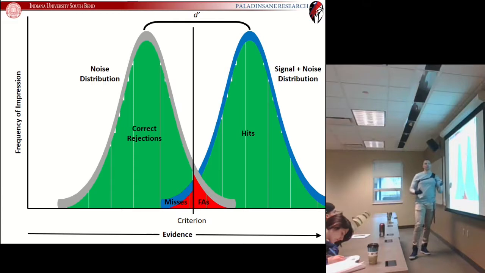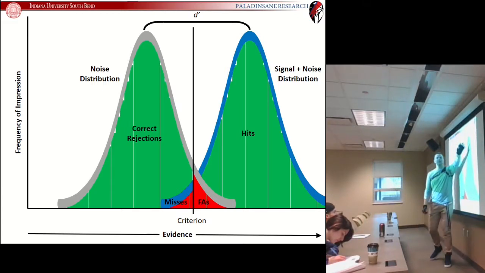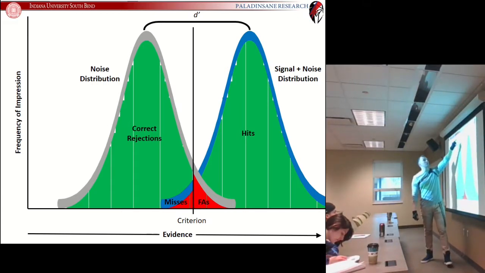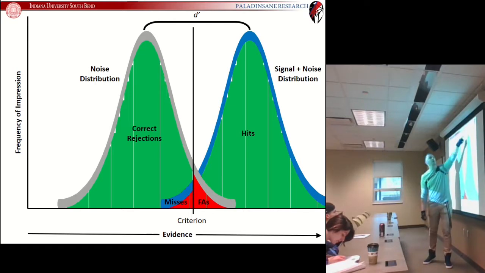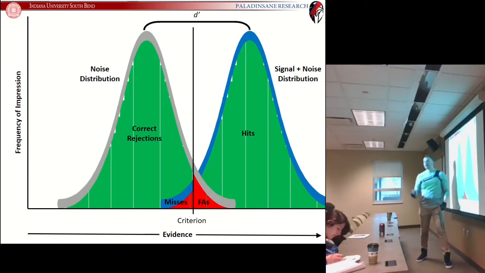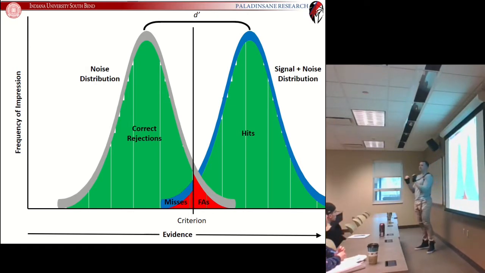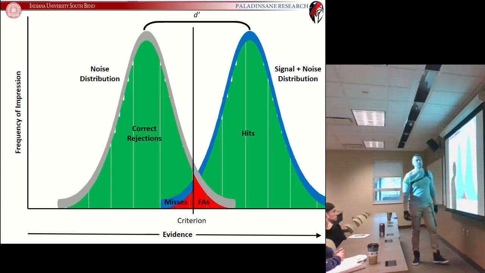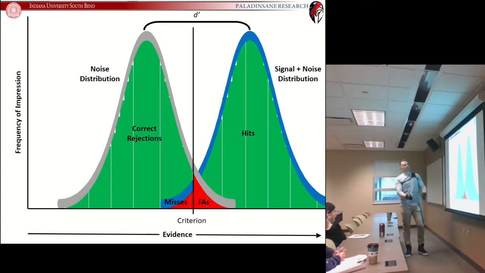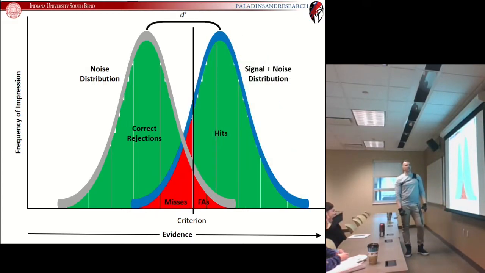The more evidence you provide, the greater your sensitivity is to that target. So this measure between these two distances here indicates how sensitive you are, basically how able you are to detect a particular signal.